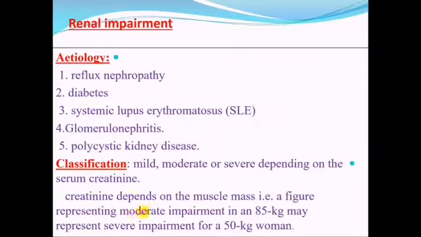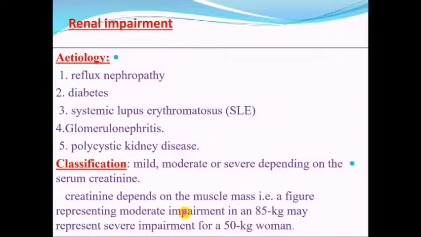So the serum level of creatinine may represent a mild or moderate impairment in a female whose body weight is, for example, about 80 to 100 kilogram, but the same figure may represent a severe impairment in a female whose body weight is around 50 kilogram.